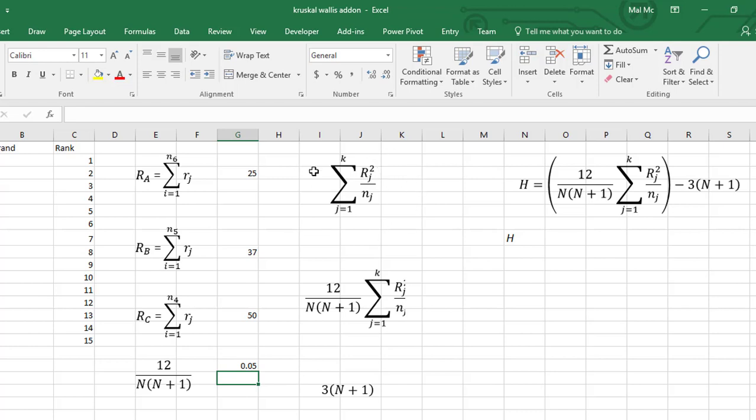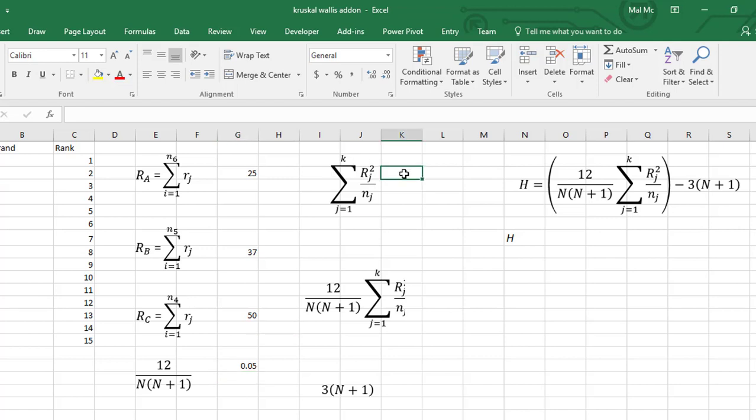So now for this summation right here, we have Rj squared over nj. This is just the sum of the ranks squared divided by the number of observations in each sample. So in A we have 6 samples, in B we have 5, and in C we have 4.